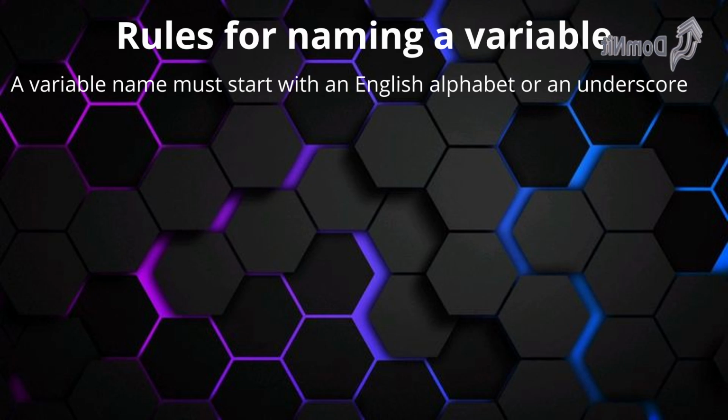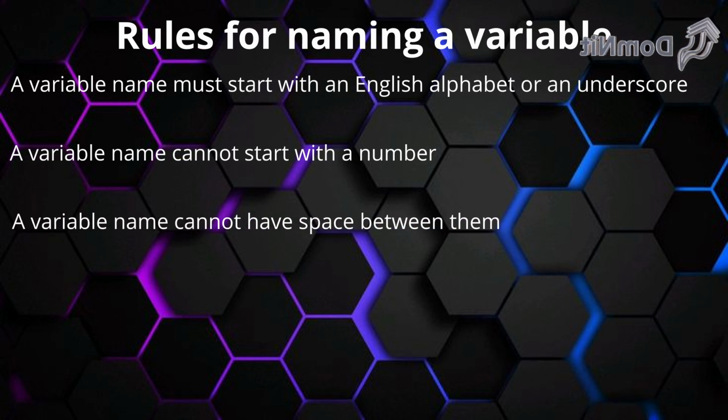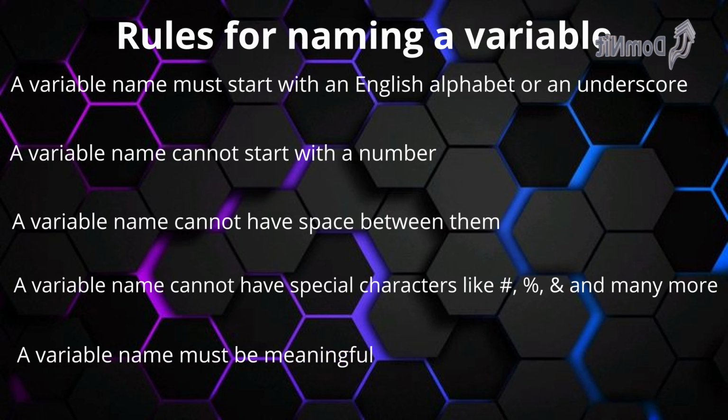Variable names cannot start with a number. Variable names are not allowed to have spaces in between them. Variable names should not have symbols like the hash or the percentage. And the variable names must be meaningful.